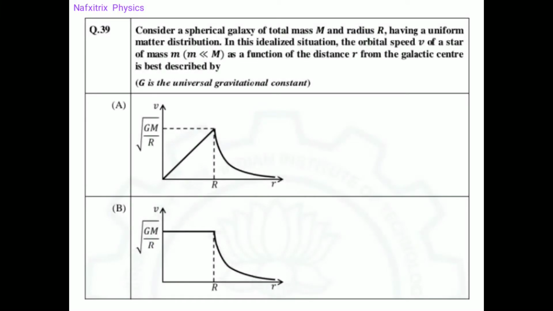So consider a spherical galaxy of total mass capital M, radius R. So they have given us a spherical galaxy. A galaxy is nothing but a group of stars.